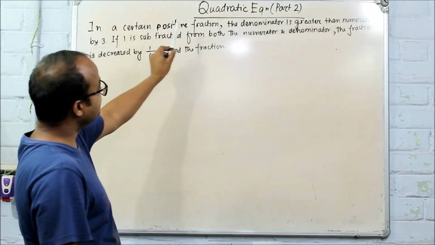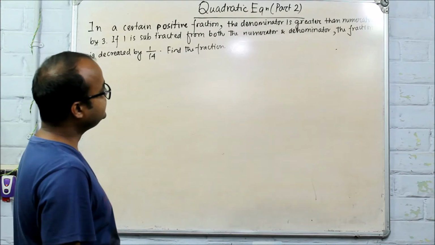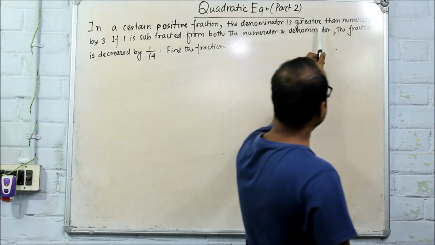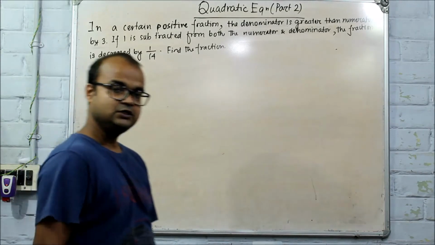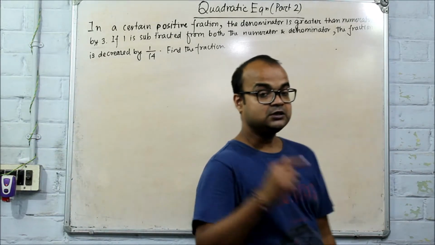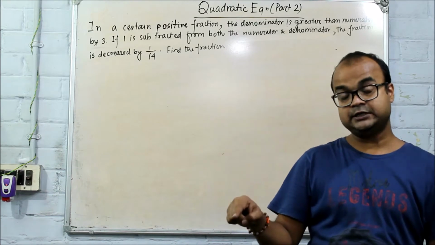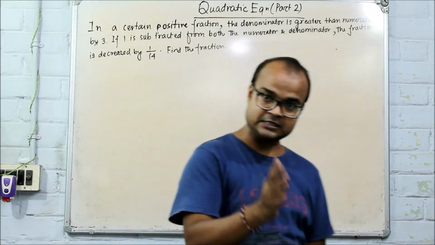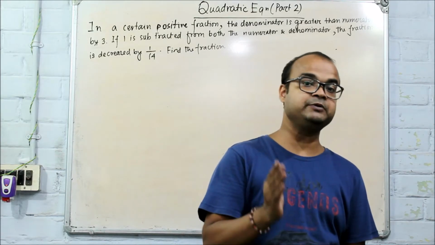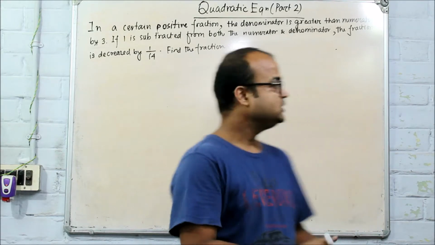In a certain positive fraction, the denominator is greater than the numerator by 3. If you assume the numerator as x, then the denominator becomes x plus 3.